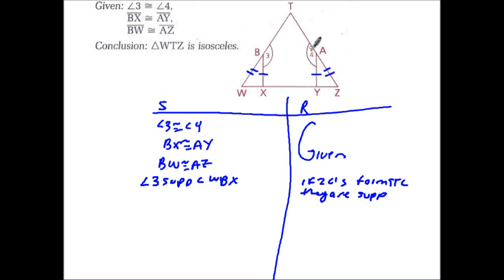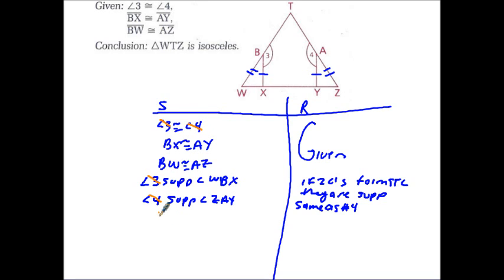Okay, my next pair right over here. Angle 4 is supplementary to angle ZAY. Same reason as before. Now, we have our nice cross-offs right here. Angle 3 crosses off, angle 4 crosses off for repeats.